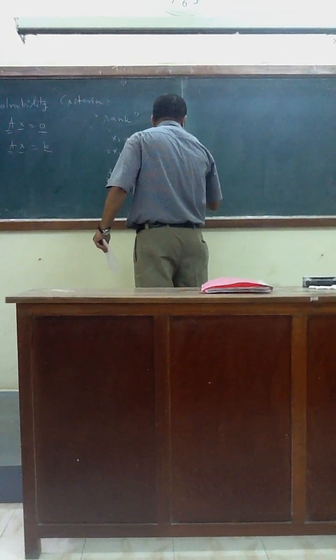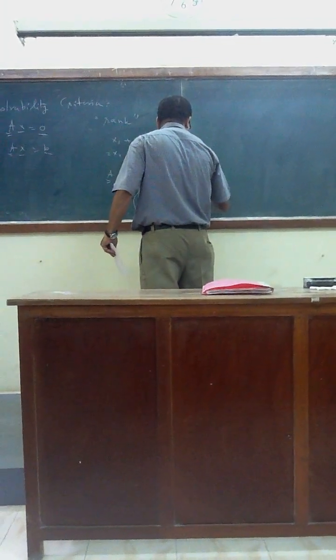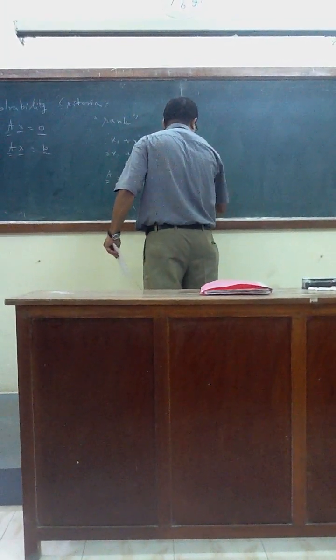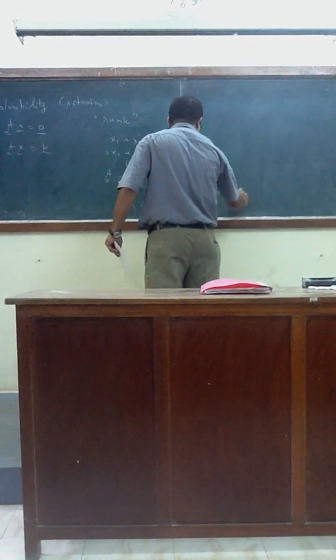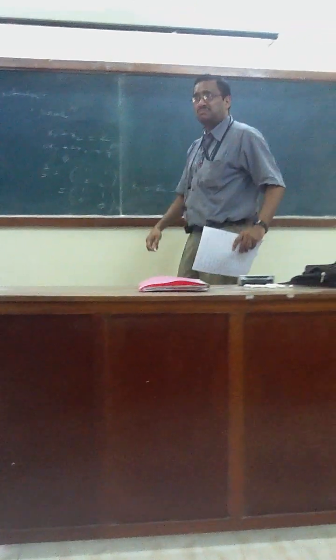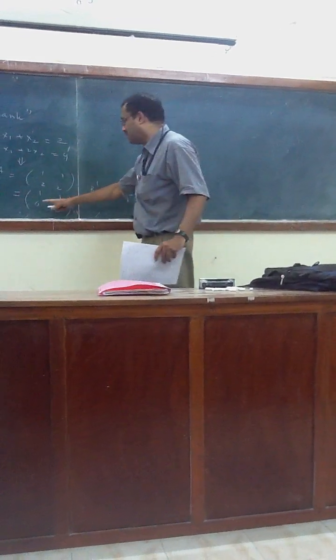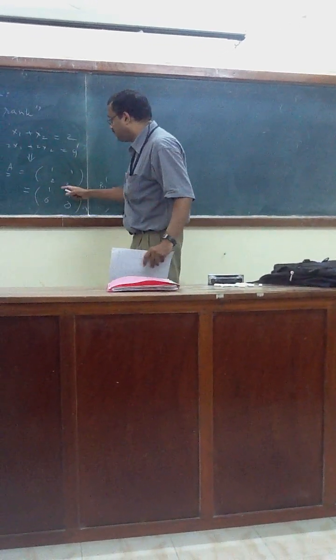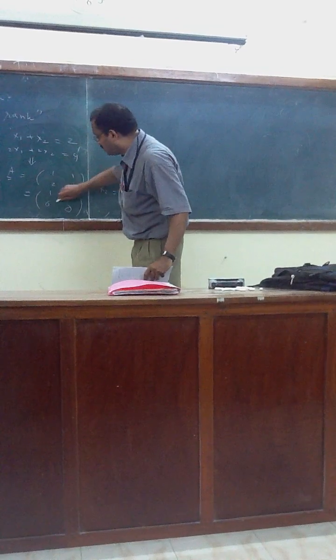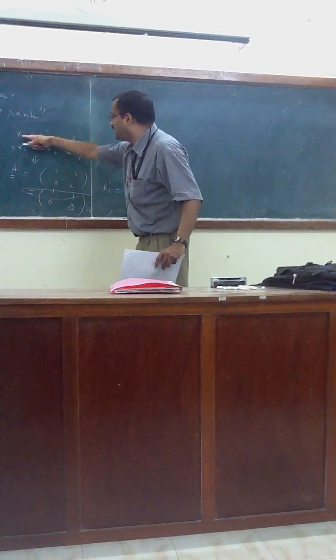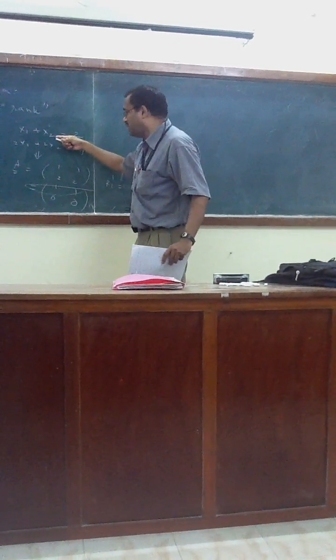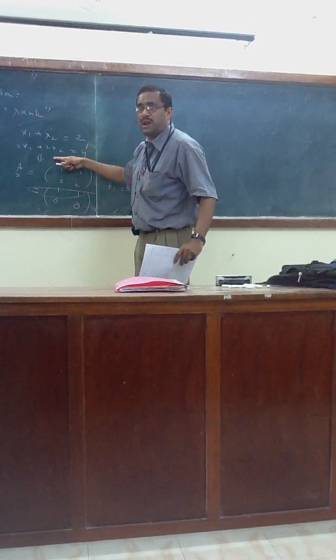R2 becomes R2 minus 2R1, in the first iteration. If you do that, you get 0, 0. So that means the row corresponding to x1 plus x2 equals 2 is the only independent algebraic equation, the other is dependent.